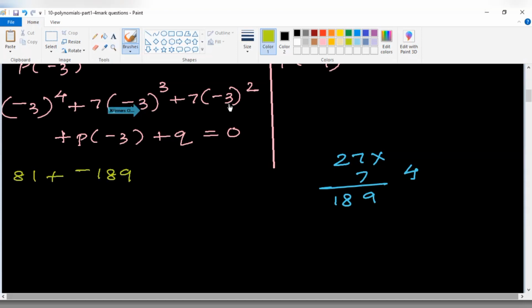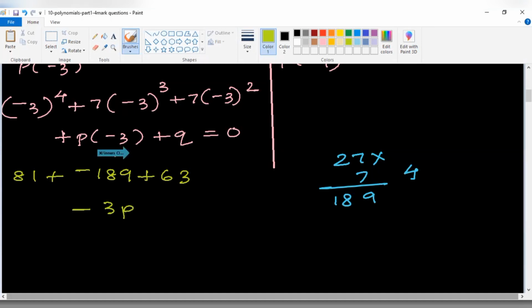Then negative 3 raised to 2: a negative number multiplied 2 times, the final answer is positive. And 3 into 3 is 9, 9 into 7 is 63. So plus 63. Then here p into minus 3 is minus 3p.